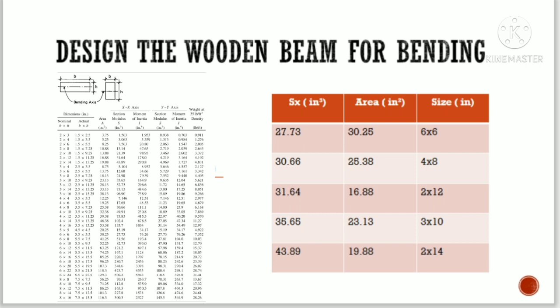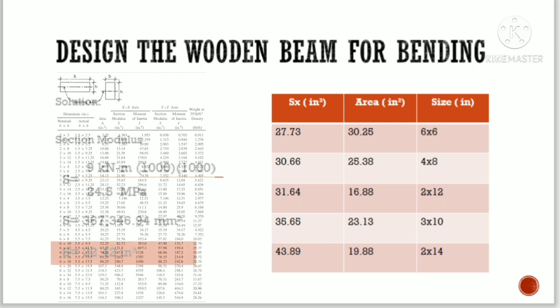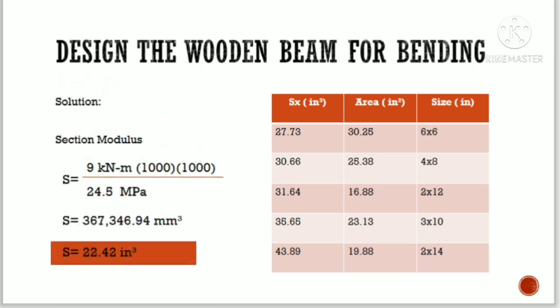If we look at the table, the next to 22.42 inch cubed is 27.73 inch cubed, with an area of 30.25. Next to 27.73 is 30.66 inch cubed, with an area of 25.38 and a size of 4 by 8.